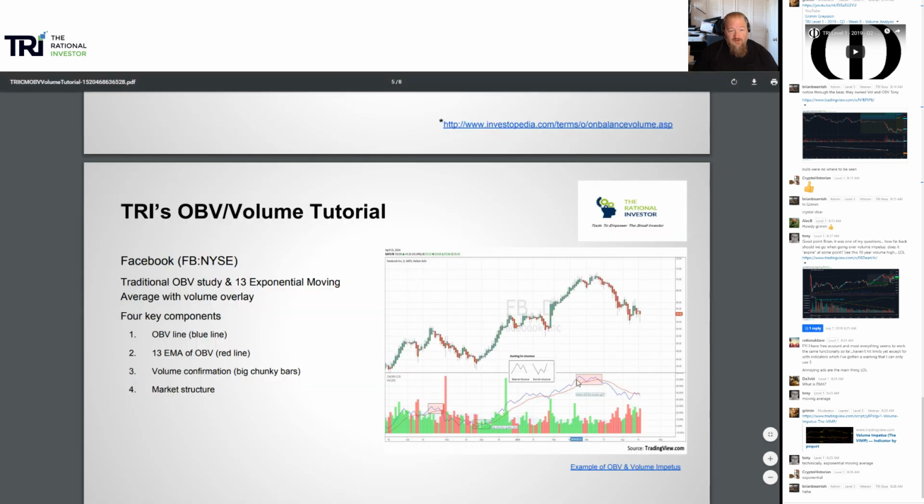We use that for validation of a reversal, because if we see this market structure crossing the EMA, we know we're crossing back across our historical movement, because that moving average shows us our historical movement.